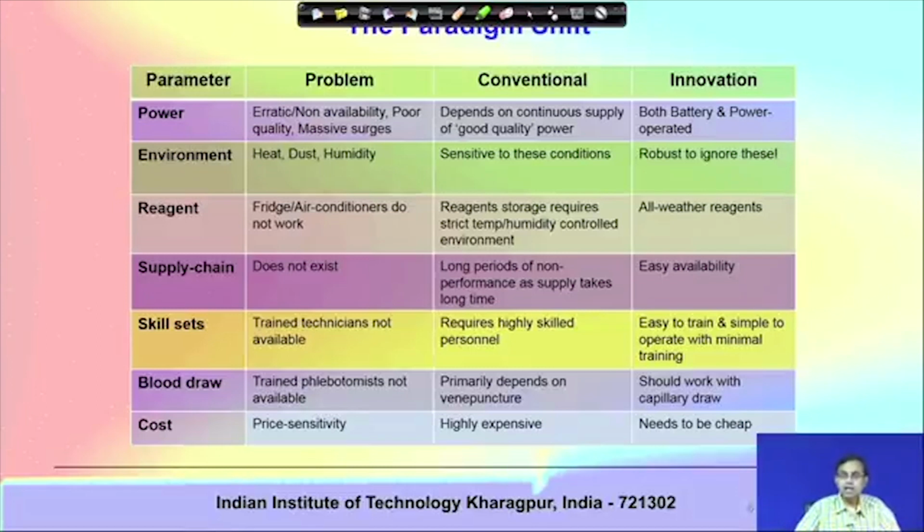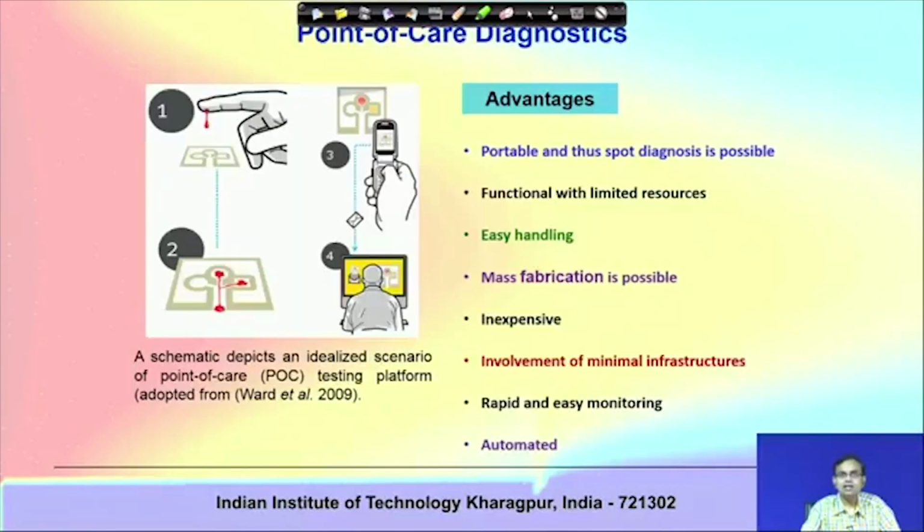So, you can see that for transforming the pathological laboratory based tests to point of care tests, there are lots of technological challenges, and some of these challenges are techno economical or techno social. This is the paradigm of point of care diagnostics that we talk about.